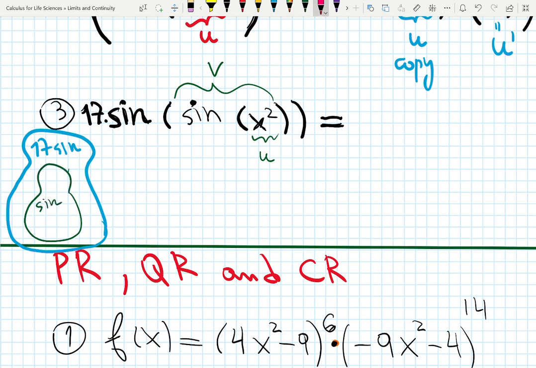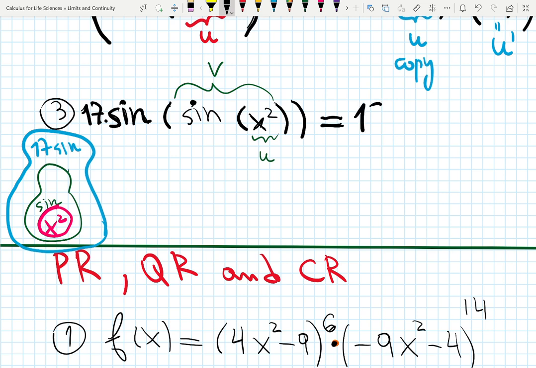And then the inside, the small one, is x squared. X squared is the last one inside. And you always go from outside to inside, like you're unfolding the onion or the Russian doll. So let's do it slowly. Let's see what's gonna happen. First, I don't see anything inside. You have to think about this. I see 17 sine of something.